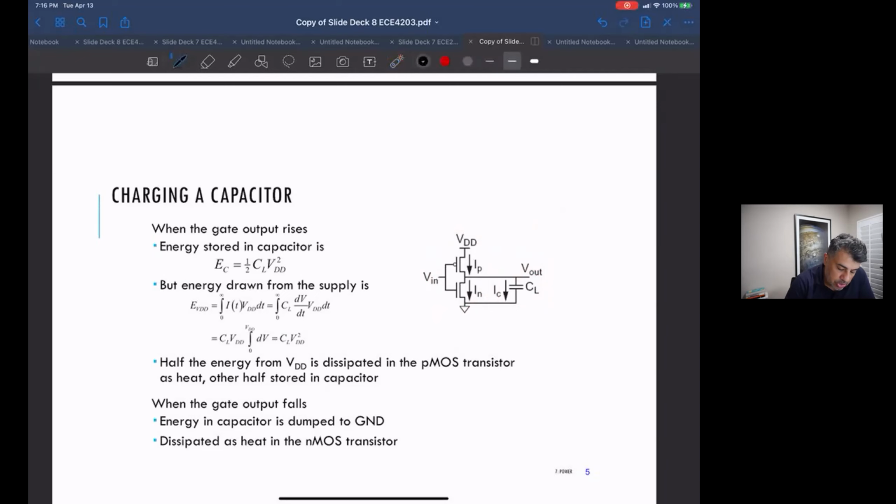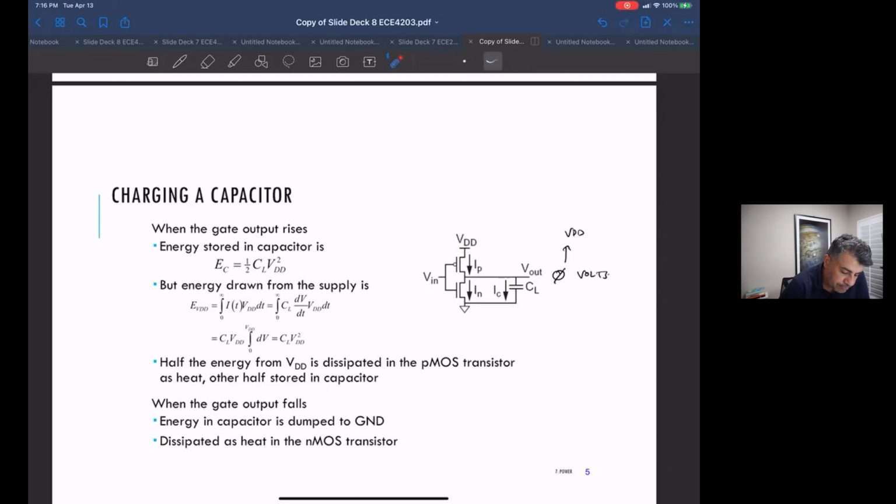The capacitor is at 0 volts, and you're trying to get it up to VDD. So the PMOS is on, charging up this capacitor. The NMOS is off, so it's out of the equation. The PMOS is outputting a current to charge up this capacitor.